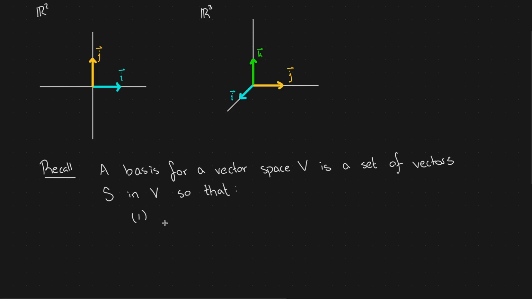One, that the span of the vectors of S equals V. The set of vectors in S span V. And two, the vectors in S are linearly independent.